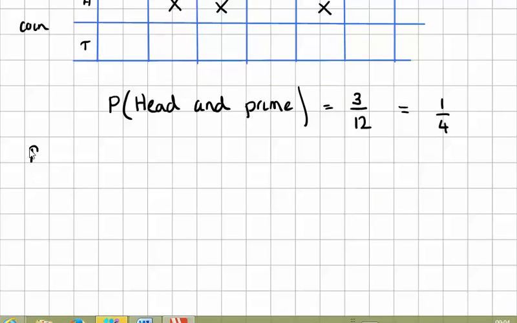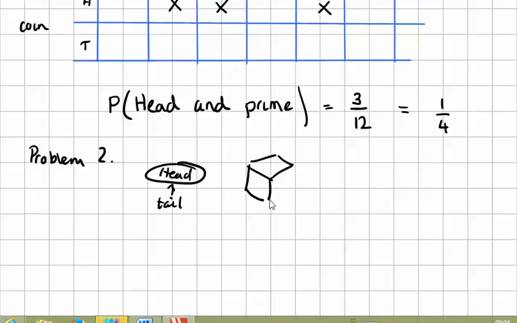So we'll have a look at problem 2. What if I have my coin? I've got the head on there and a tail underneath. I've got my dice, or my die. So I've got a 1, a 3, there's my dice.